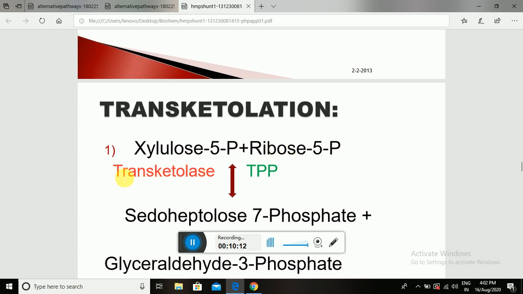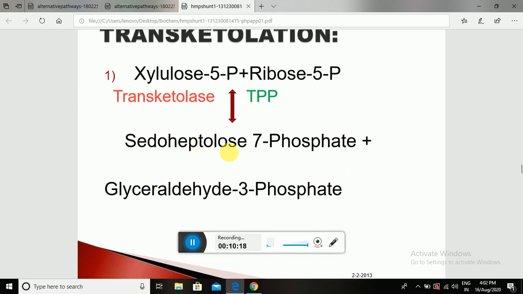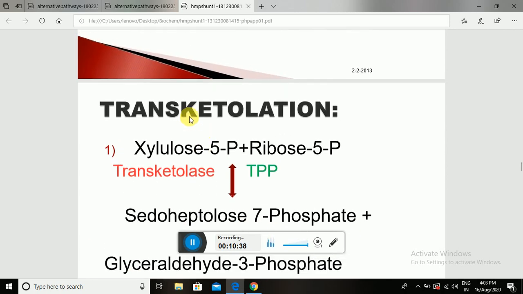So transketolase is an enzyme that acts on xylulose plus ribose 5-phosphate, giving sedoheptulose 7-phosphate plus glyceraldehyde 3-phosphate. Total carbons are 5 from xylulose and 5 from ribose, total 10 carbons, into 7-carbon sedoheptulose 7-phosphate plus glyceraldehyde 3-phosphate. It is a transketolation.